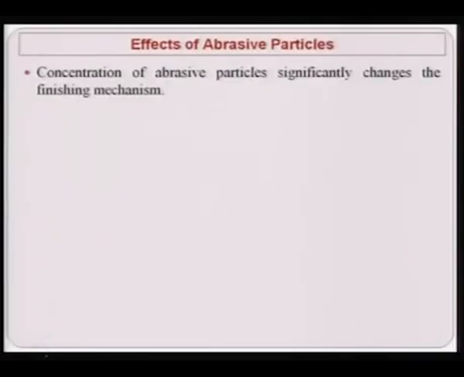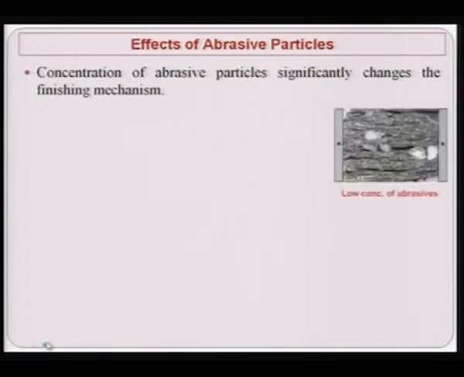Now, what is the effect of abrasive particles? Concentration of abrasive particles significantly changes the finishing mechanism. At low concentration of abrasive particles, you can see here particles are dispersed at different locations.